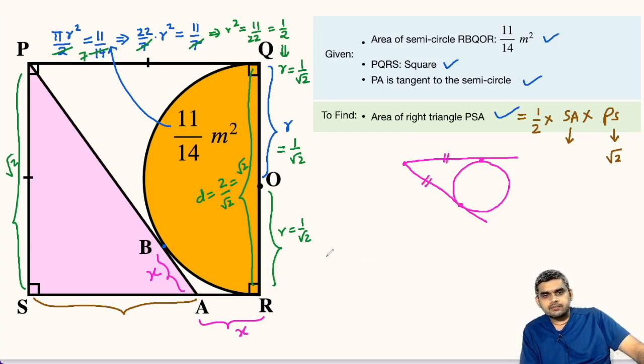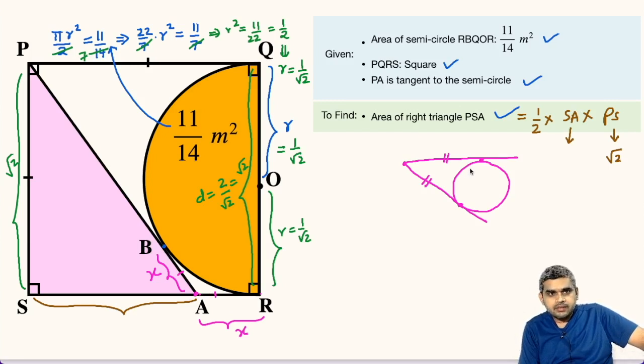This is the theorem. So here A is the external point, AR is one tangent and AB is another tangent. Hence, if we assume AR as X units, AB will also be X units.